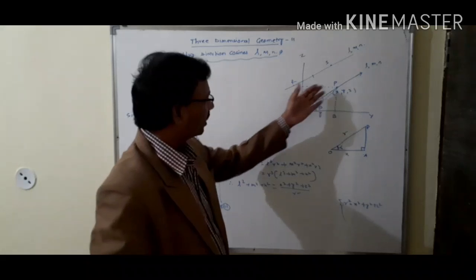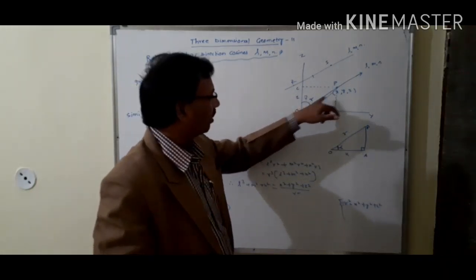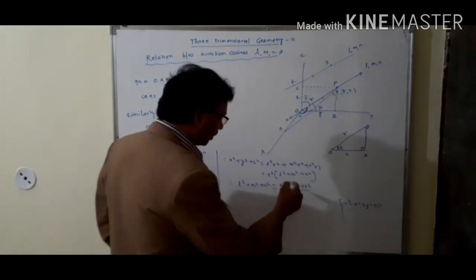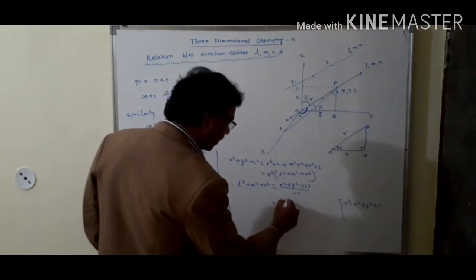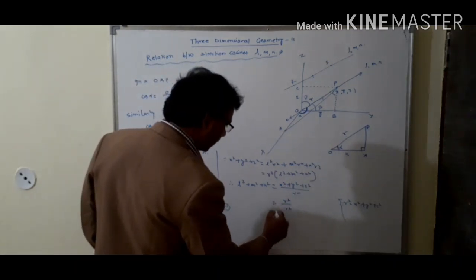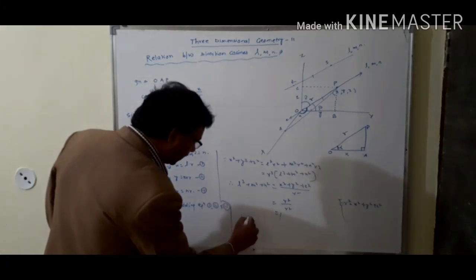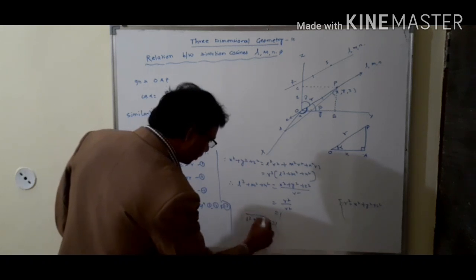Since r is the position vector of P with respect to O, r equals root under x square plus y square plus z square. So on the place of x square plus y square plus z square we can write r square upon r square, and this will be 1. That means l square plus m square plus n square equals 1.